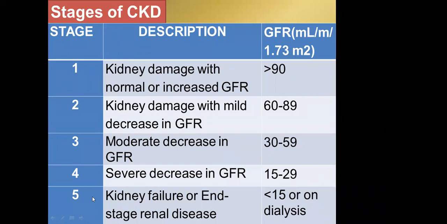And lastly, kidney failure or end stage renal disease, when the glomerular filtration rate is less than 15 ml per minute per corrected square meter, or the patient is on dialysis. So the stages depend on the degree of renal damage and reduction in the glomerular filtration rate, as you see from this table.